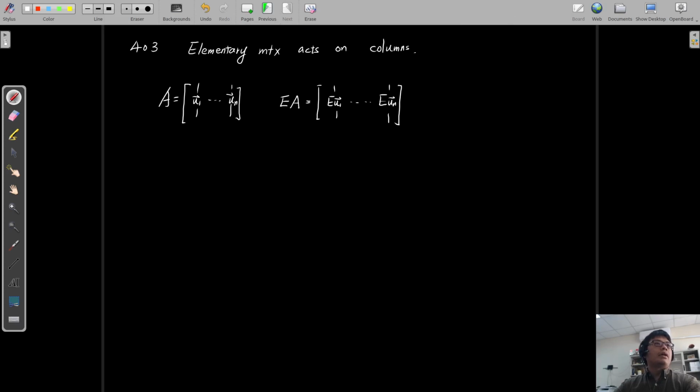Okay, so if that is okay, then the next thing is we're going to think about what it means to multiply an elementary matrix to a column.